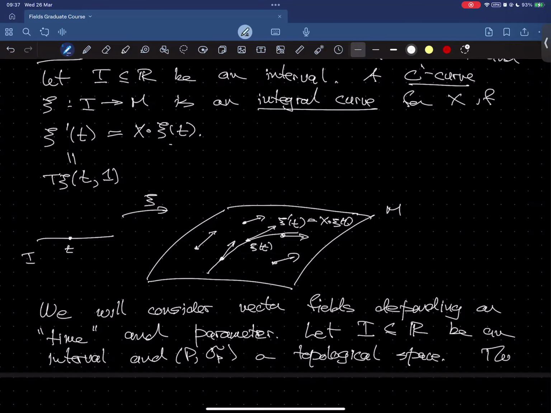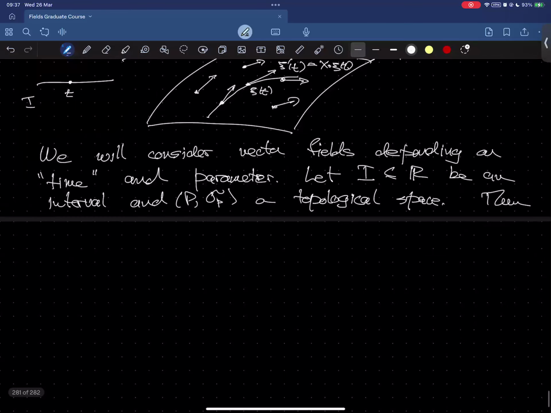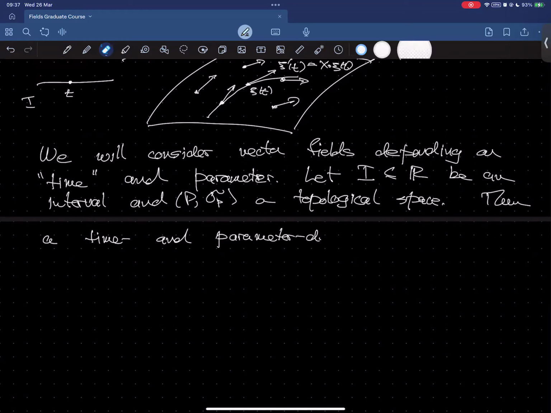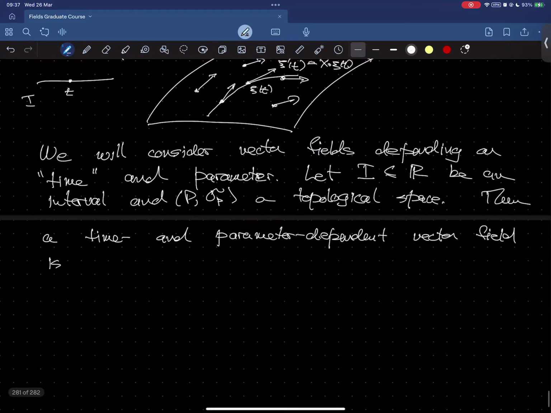So a time dependent field is a vector field that depends on time and a parameter.